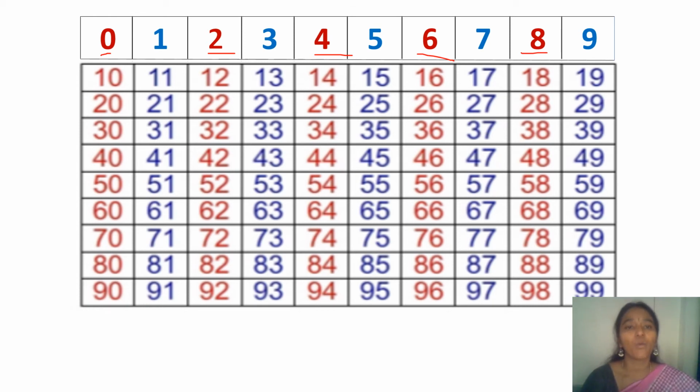And 1, 3, 5, 7 and 9, the numbers ending with these are known as odd numbers. Okay. So if I give you 243, is the number even or odd? How will you tell? Take the ones. Under ones what is there? 243, right? So 3.